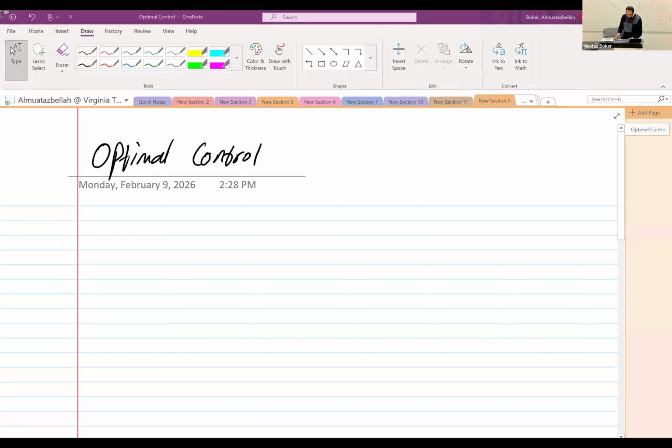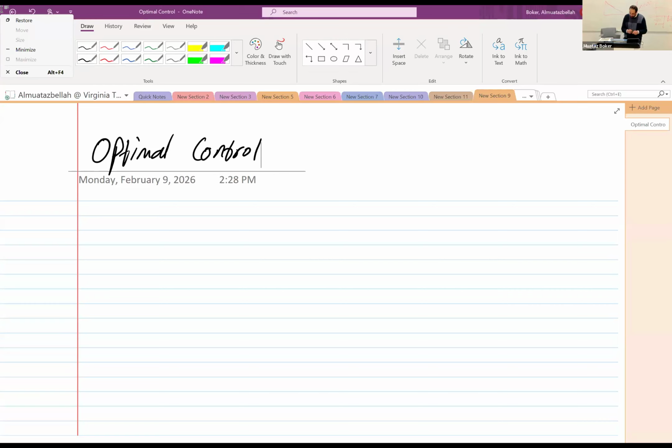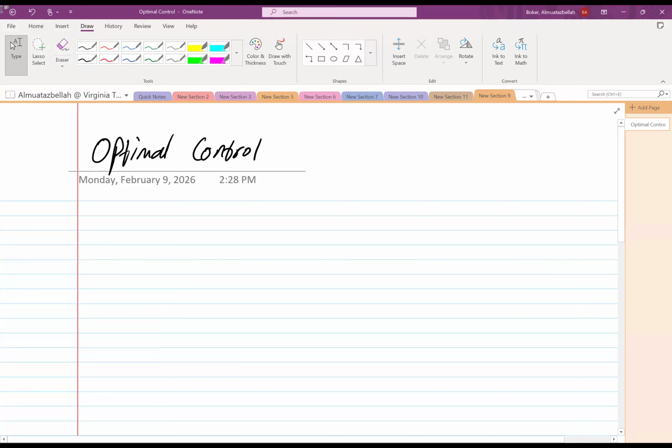Can you all see the notes? People in Zoom? Guys, can you see it, people in Zoom? Yes, we can. Okay, thank you.